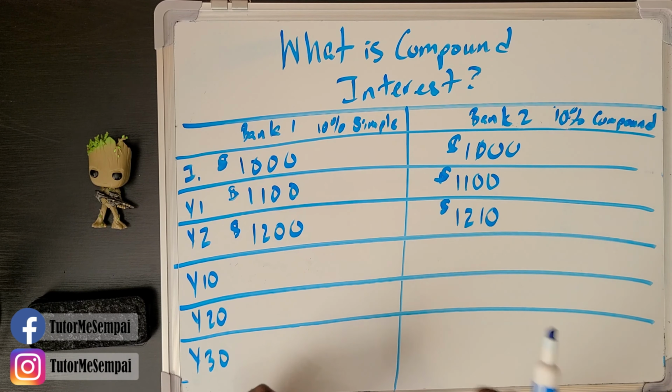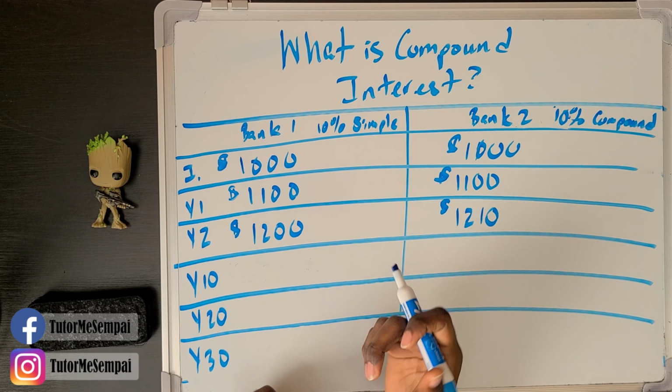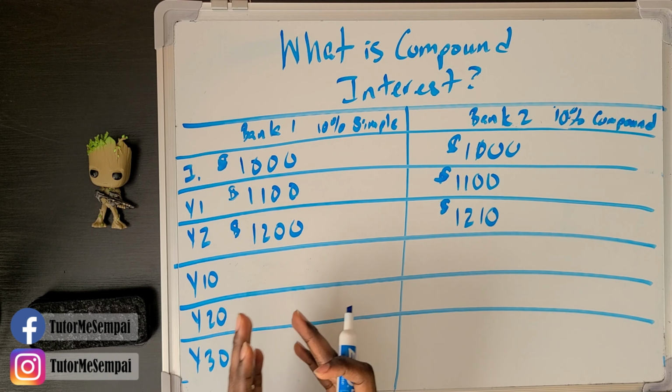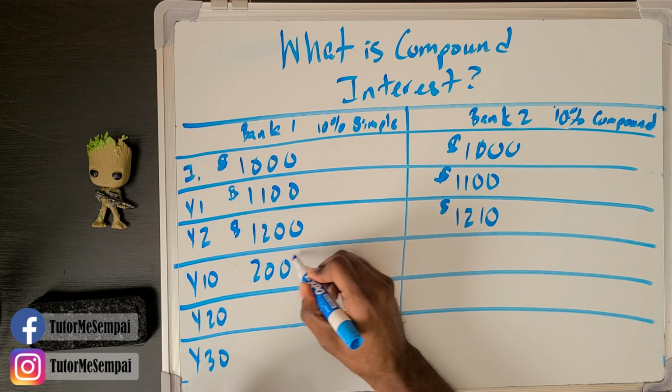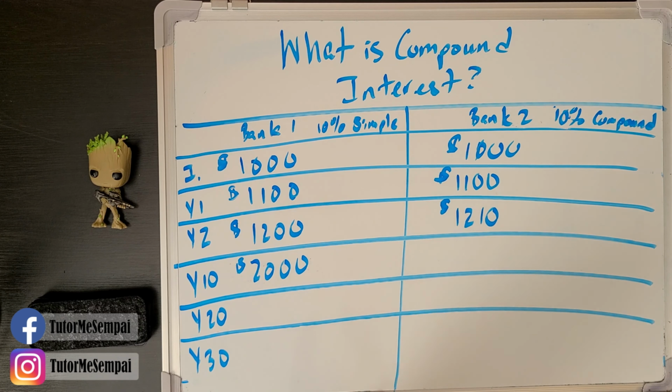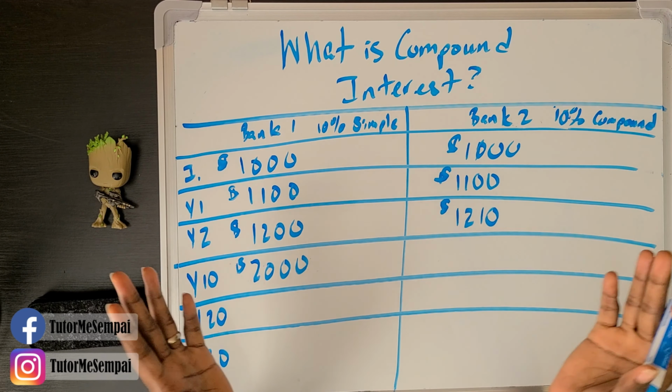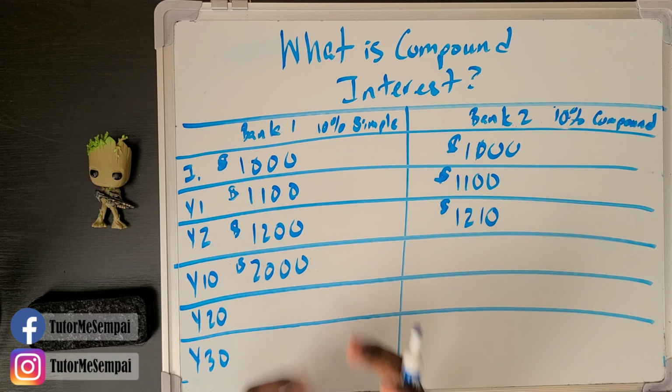So for Bank 1 with 10% simple interest, remember, all the interest payments are going to be the same. You're going to be looking at $2,000 in your account. Now, this is still pretty incredible. You didn't do anything. You just put $1,000 in there, waited 10 years, and it doubled. That is very impressive. That's free money, right?